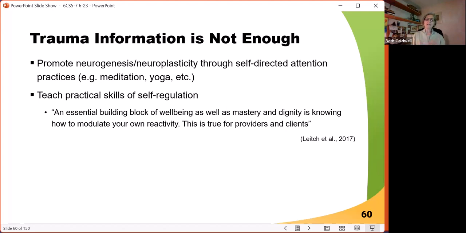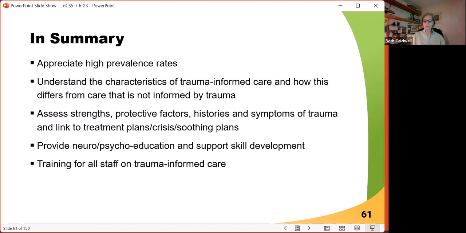Moving to the next slide, some of you know Lori Leicht, who was mentioned there. Some of you have been to her training, but we want to appreciate these high rates of trauma. We want to understand the characteristics of trauma-informed care and how this differs from care that is not trauma-informed.